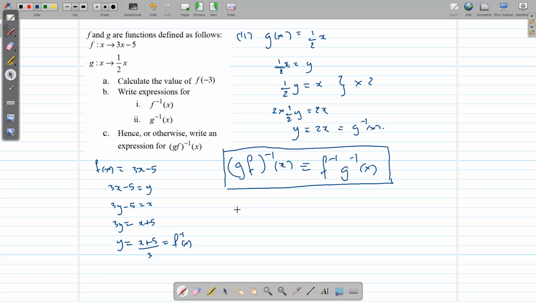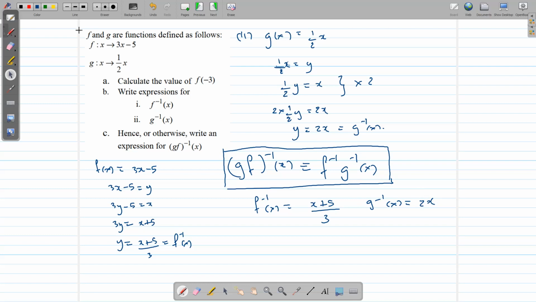So f inverse of x is x plus 5 over 3, and g inverse of x is going to be equal to 2x.